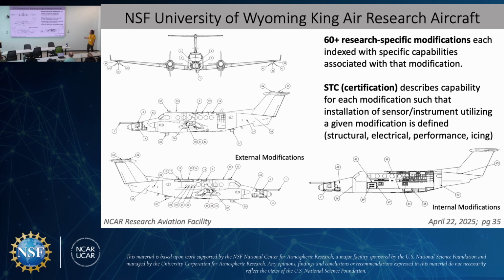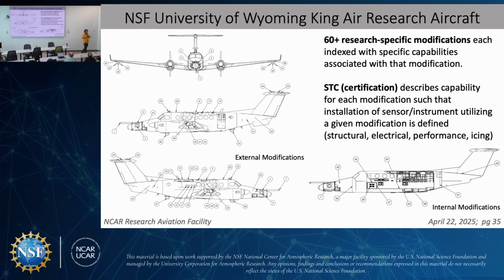So each of the research modifications is indexed with a number, and you can see on the left-hand side all of the external modifications. You can imagine a number of holes on the fuselage, top, bottom, side, etc. We have wing pylons on the tips of both wings that are capable of carrying probes at 3 locations on each of those pylons.